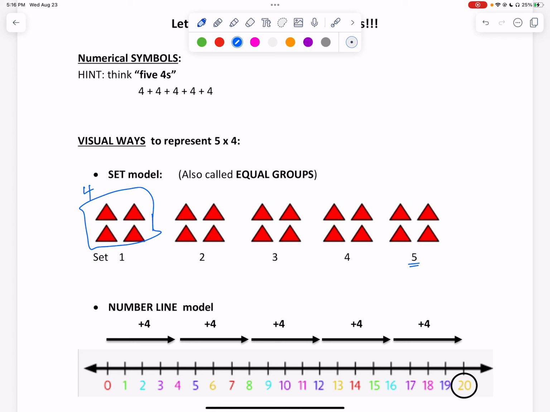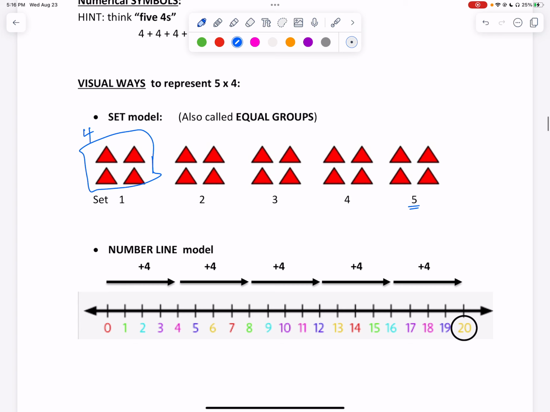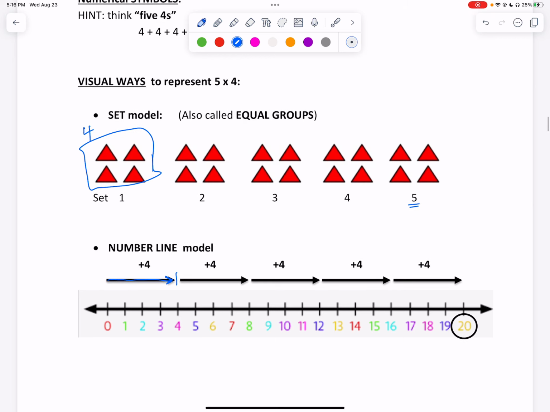On a number line, you would say 5 times 4 by going out 4 and then starting at that end. So you would start here at 4 to do the next arrow, and you would go 4 more, and that will give you 8. 4 more, that will give you 12. 4 more gives you 16, until you get all the way to 20.